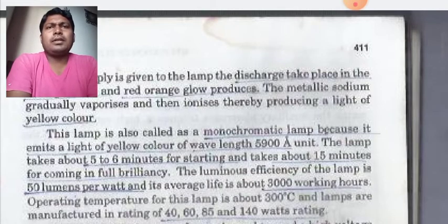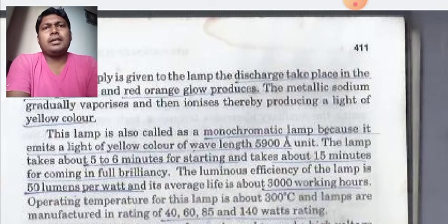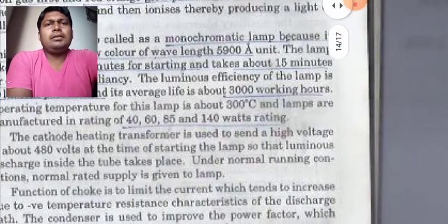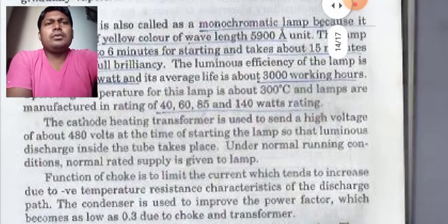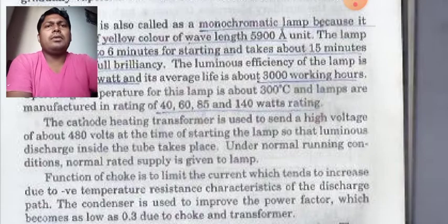Suppose you need a lower wattage of sodium vapor lamp, then you can go for 40 or 60. If higher wattage is required, 85, 140 or whatever is convenient to you, accordingly you can purchase and install it wherever it is necessary. The cathode heating transformer is used to send a high voltage of about 480 volt.